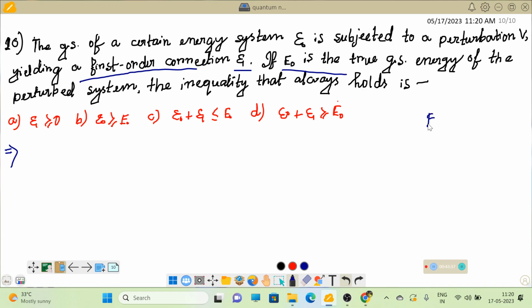So ground state energy is E0, that is GS, and the system is subjected to perturbation V yielding the first order correction, that is E1. So they are asking what is the relation between this and this.